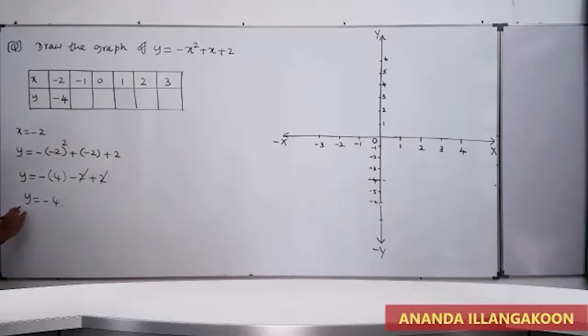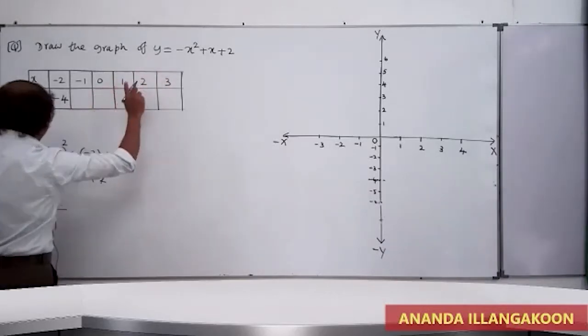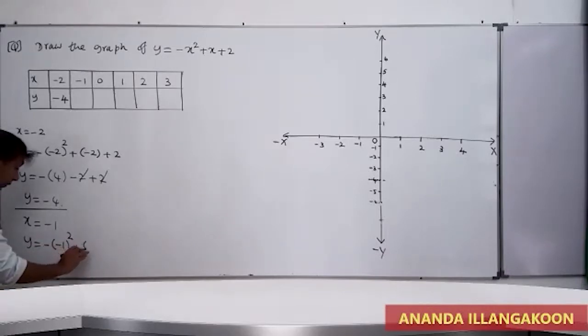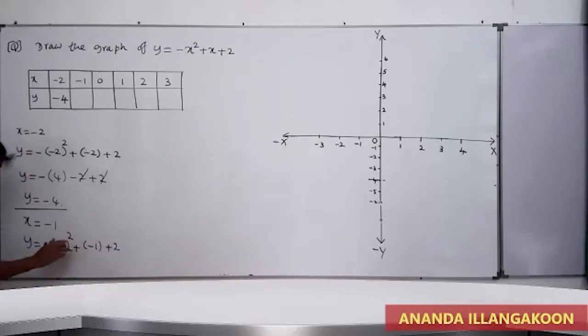When you put x equals minus 1, here we can write y equals minus 1 squared plus minus 1 plus 2. What do you get here? Minus 1 squared is people 1. And this minus sign, it's minus 1. Plus and minus, minus.